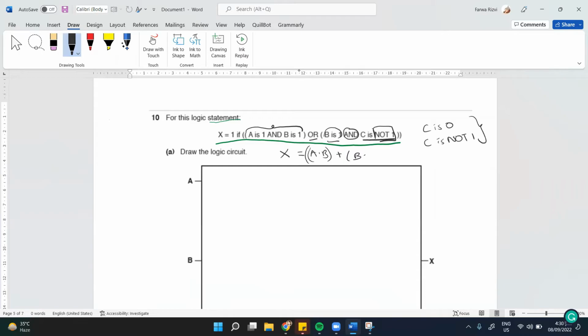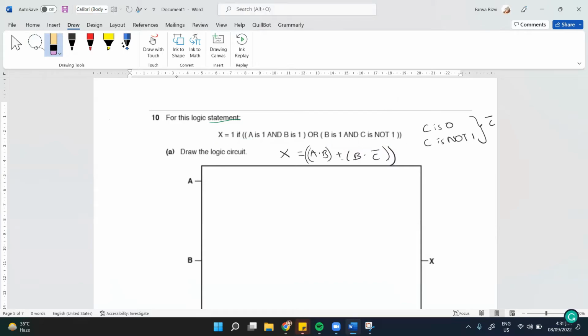Both of these just basically mean C bar. Okay? So C bar and close bracket. Do you understand how we converted this? Yes, I do get it now.